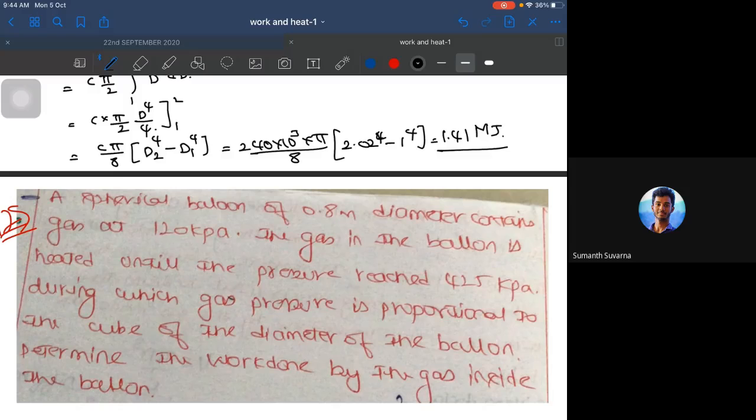Shravan Kumar. Present, sir. Shetty Tejas. Present, sir. Shetty Sujay. Shashank PC.